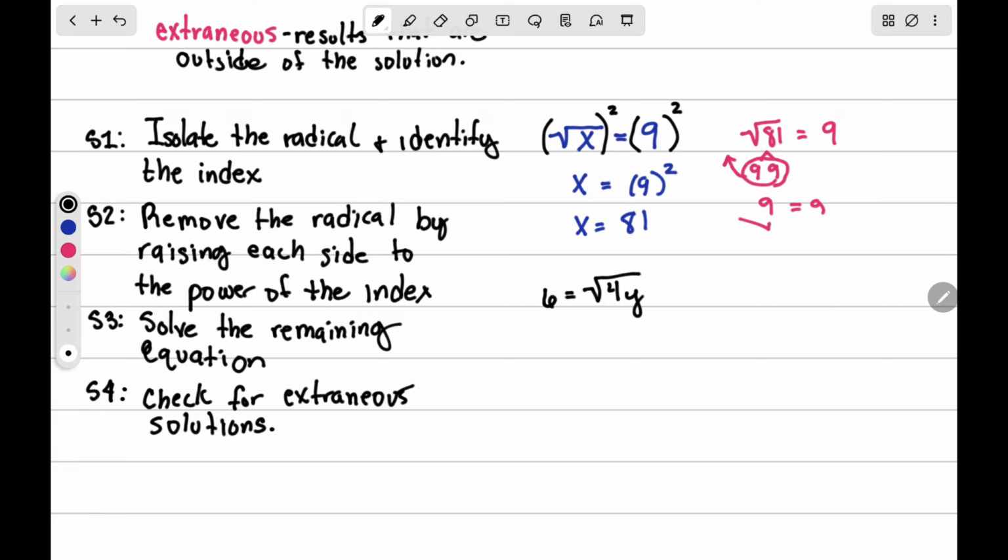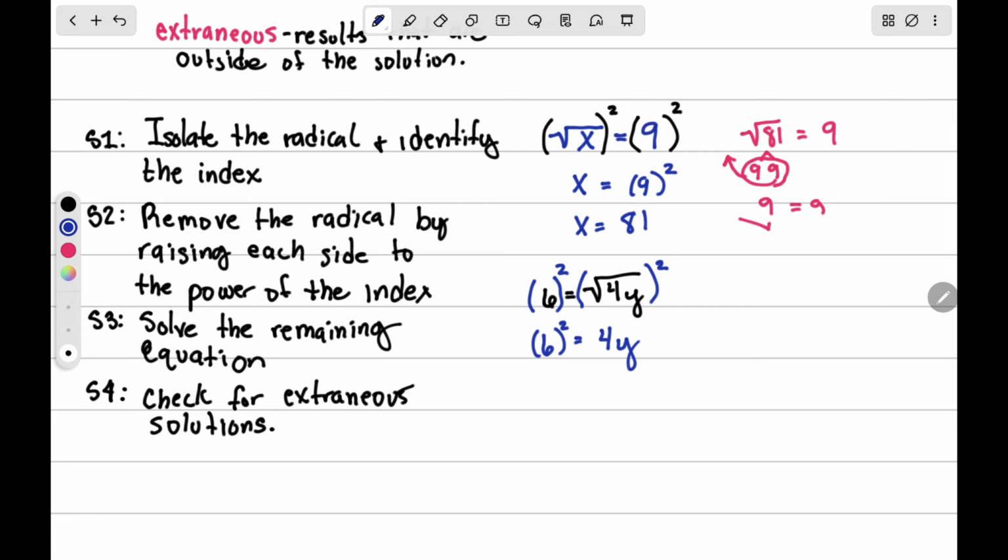Identify the index. The index is 2. So remove the radical by raising each side to the power of the index. We're left with 6 to the second power equals, the radical and index will cancel out, so we get 4y.